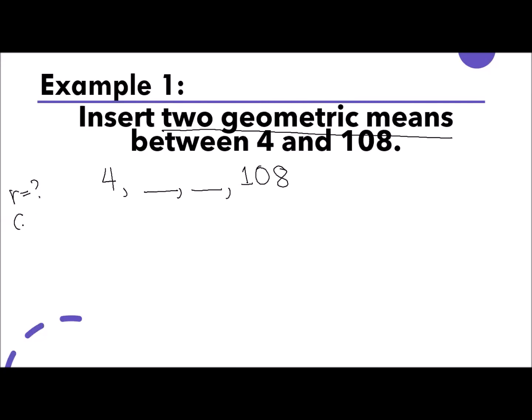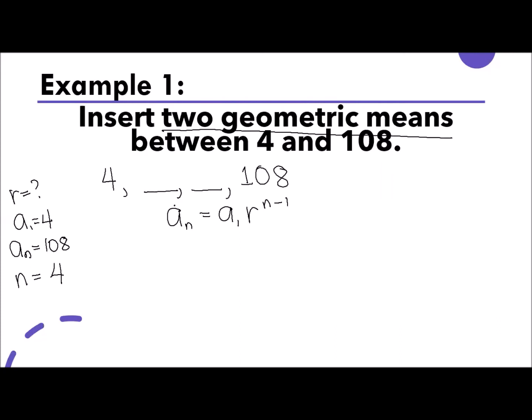And we have the first term, which is 4. And the last term is 108. Okay? So, what is the value of n? Ilan lahat ito? Okay, we have 4 terms, as you can notice. So, using now the formula, a sub n is equal to a sub 1 times r raised to n minus 1.